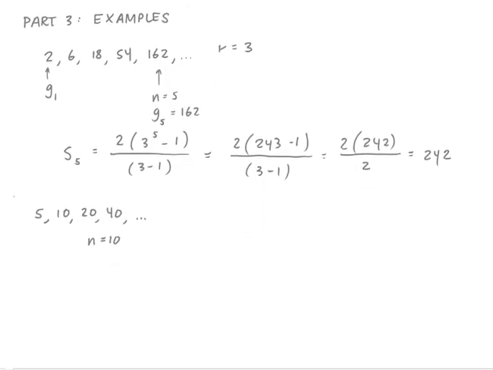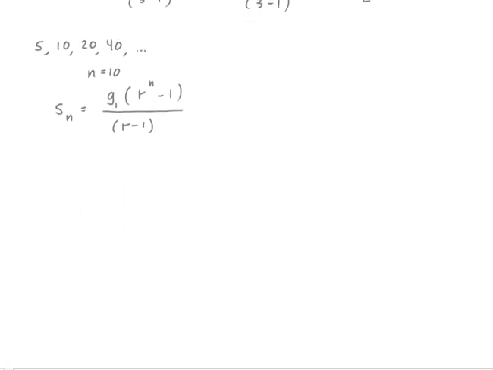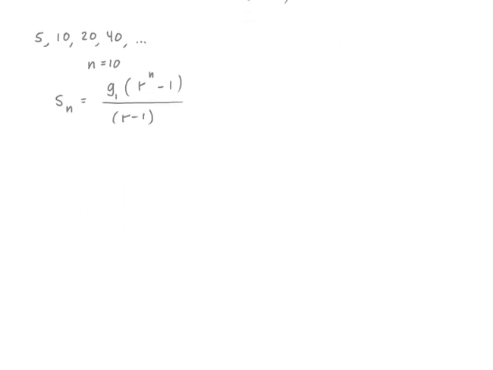So again, here we can say that Sn equals G1 times r to the nth power minus 1, and then on the bottom, r minus 1. We can put in what we know here.